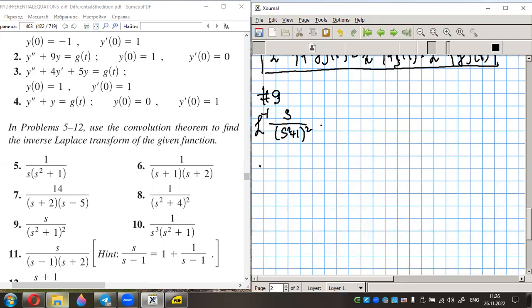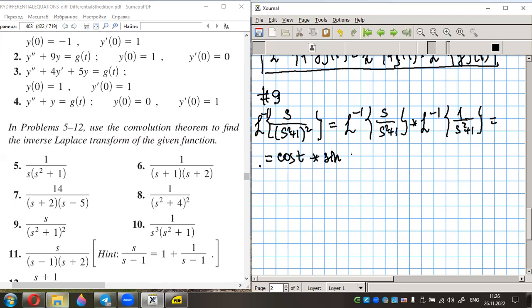If we write L minus 1 of s over s squared plus 1, not squared, convolved with 1 over s squared plus 1. So the first one is cosine t, convolved with sine t, and this equals the integral from 0 to t of cosine t minus v sine v dv.